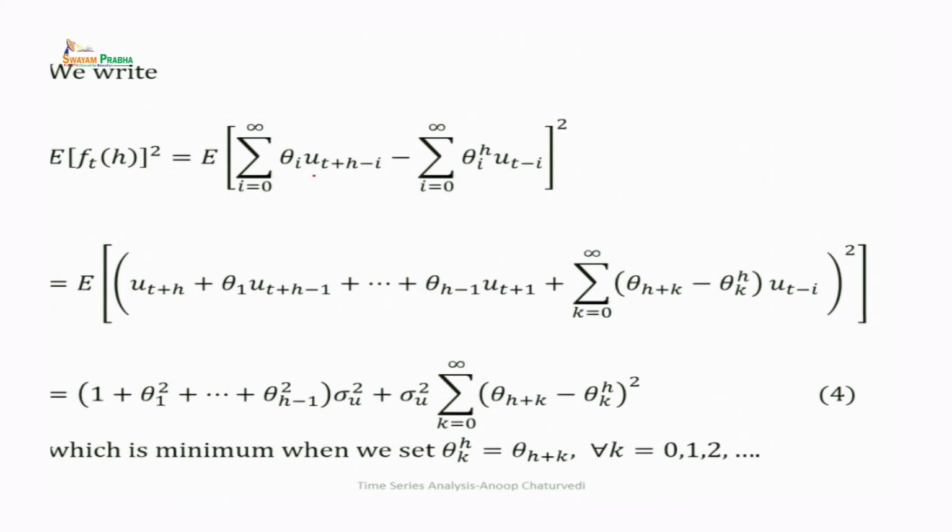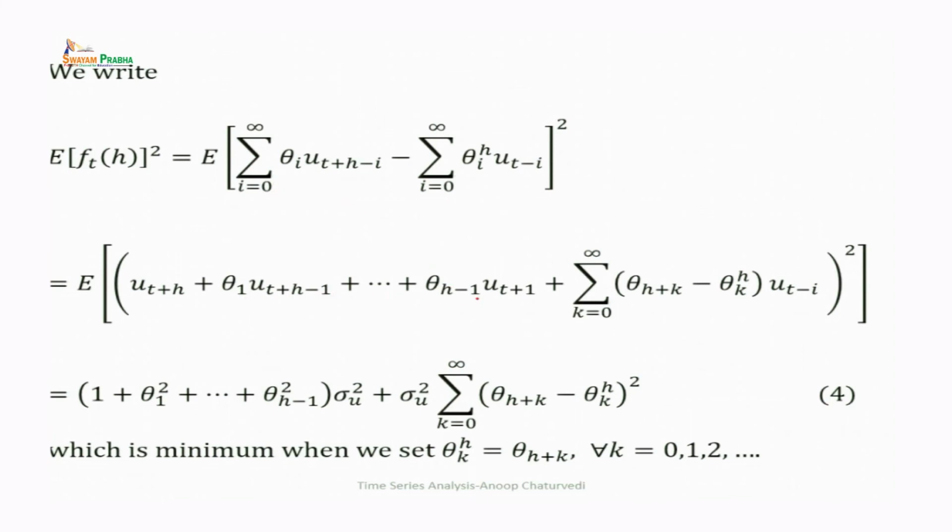Then we collect the terms corresponding to different u t or u t plus h. For i equal to 0, you get a term having u t plus h: theta 0, which is 1, u t plus h, plus for i equal to 1, you have theta 1 u t plus h minus 1, and so on.